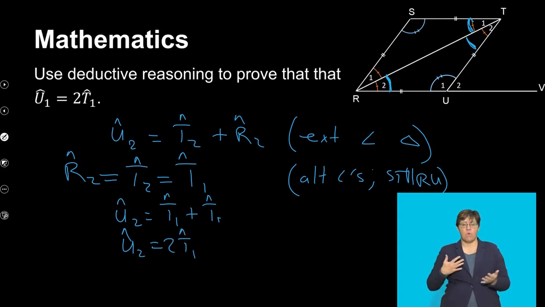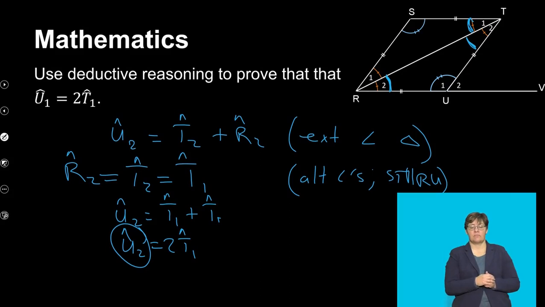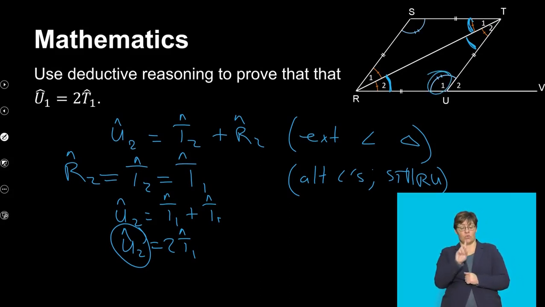Then from here, I want to relate this to U1, because I'm only talking about U2. If I want to relate it to U1 here, there's what we call an exterior angle of a cyclic quad, which will be equal to that angle that I have there.